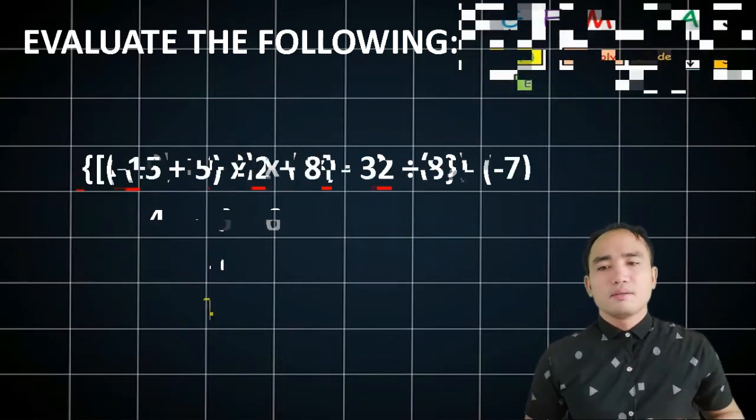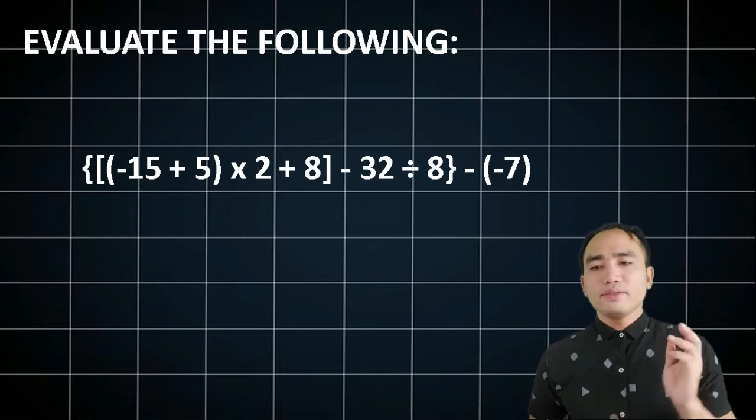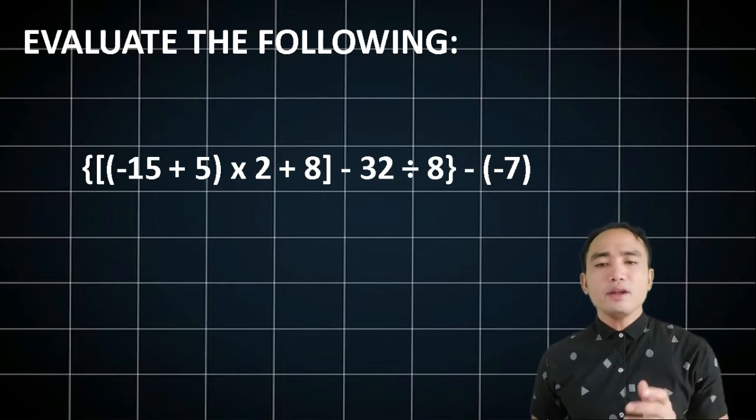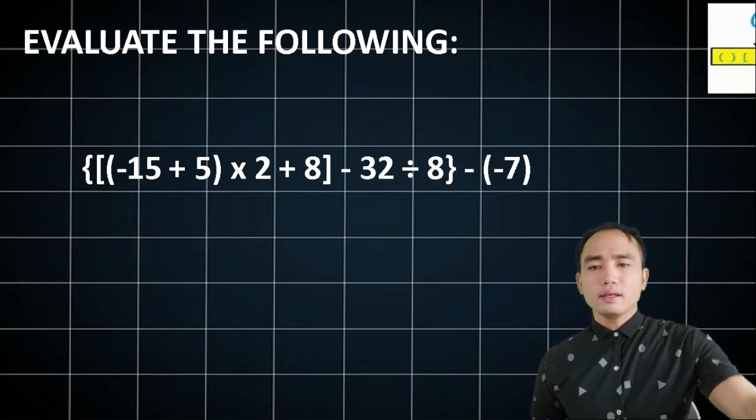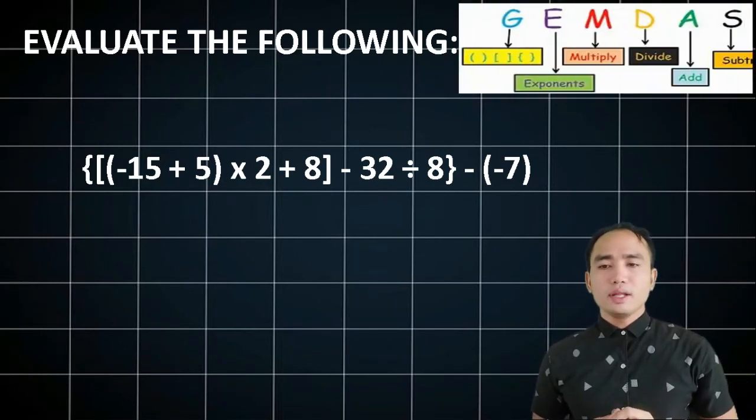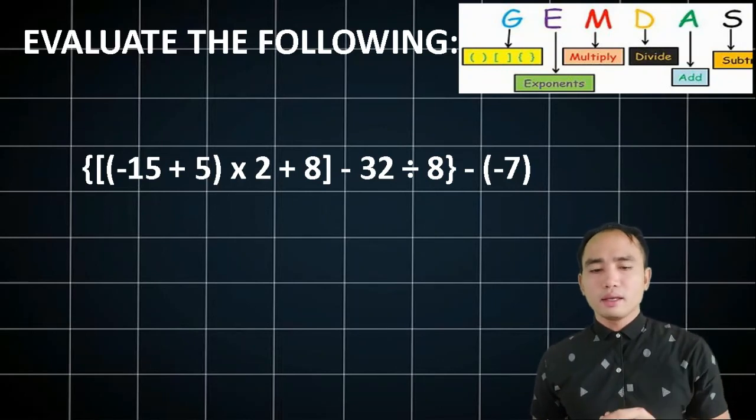Next, parentheses, negative 15 plus 5 times 2 plus 8 minus 32 divided by 8 minus negative 7. Okay, so we will start with the innermost grouping, negative 15 plus 5.